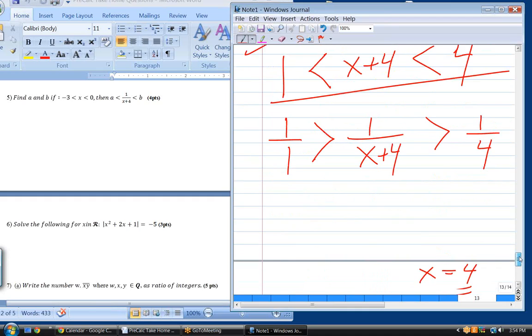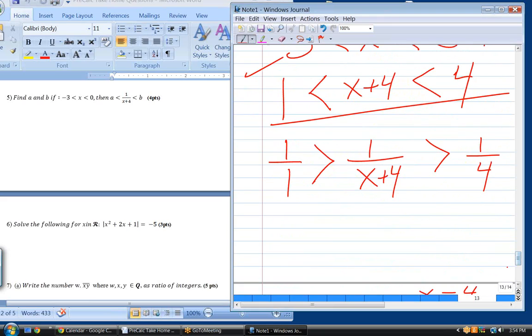Now, okay. I was right the first time. You turn the direction around on both. Notice that the only allowable answers are x equal -2 or x equal -1 to satisfy the first part.